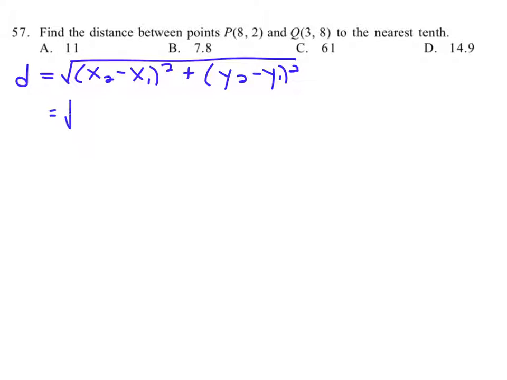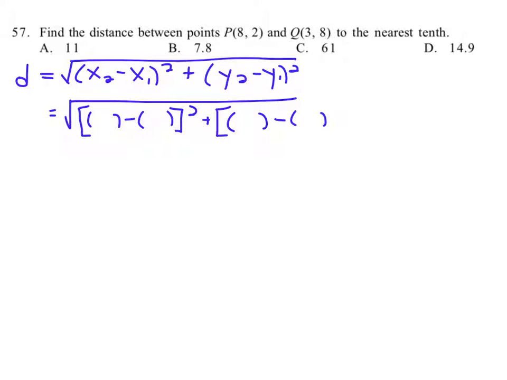Okay? So we say, now I'm going to sub in values for x2 and x1, and I'm going to sub in values for y2 and y1. And so let's determine what are those values. Well, we've got these points up top, and we'll say, what if point P was the first point, so we call that x1 and y1.